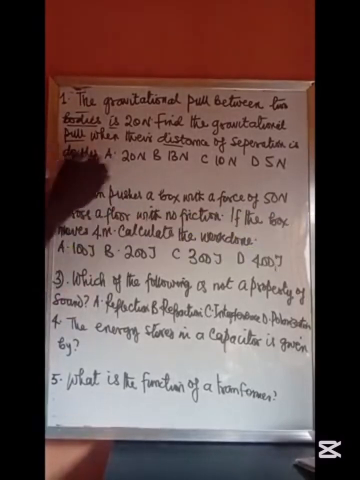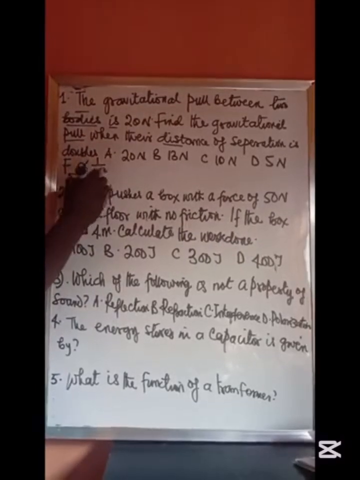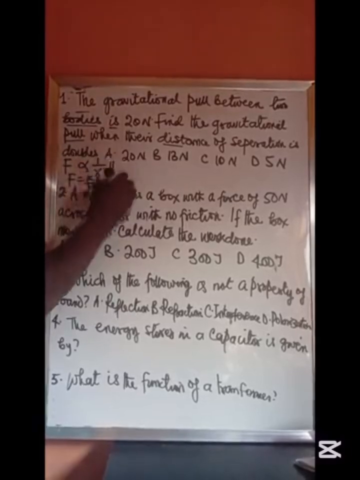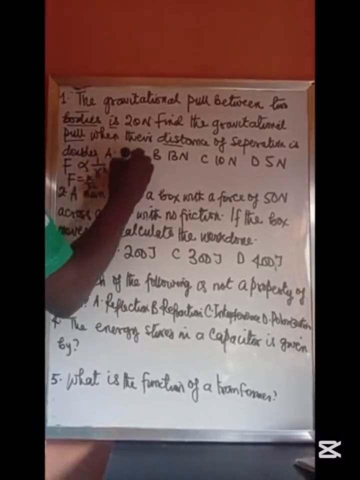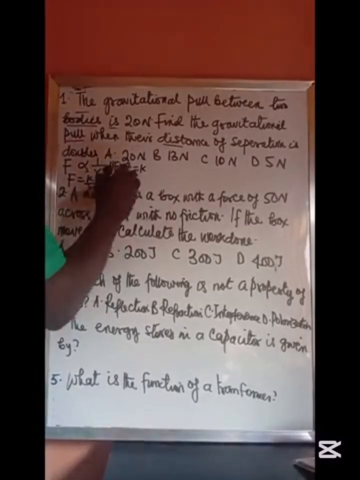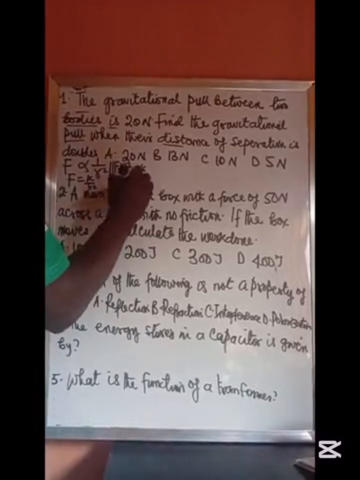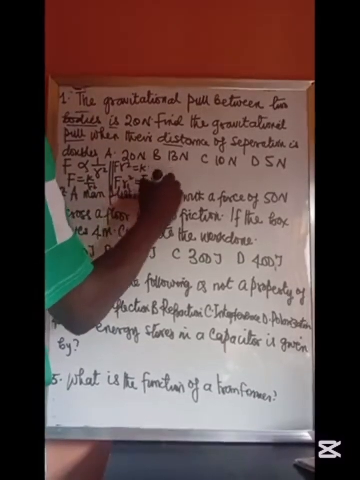So introducing a constant, we have F equals K over R squared. That means F R squared equals a constant. So F1 R1 squared equals F2 R2 squared.